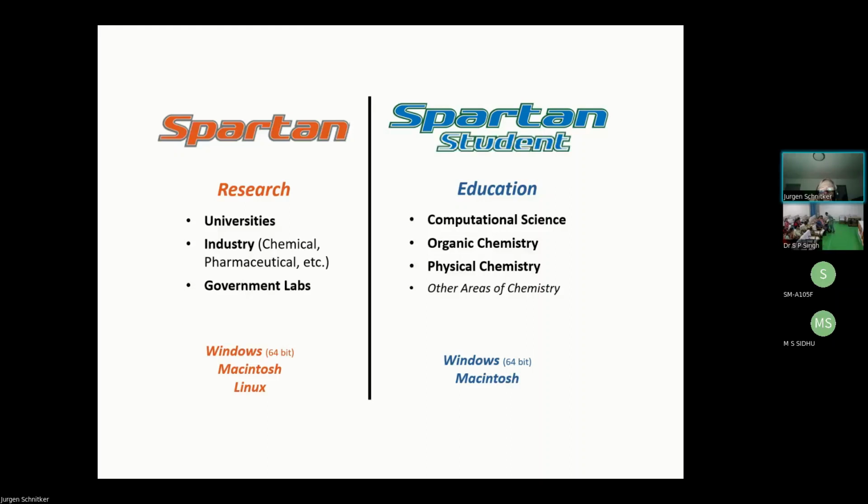It won't do 100 atom research molecules. So the program is very much cheaper, and it's pushed towards student use. It's an education focused program that is not available for Linux. So those are the two levels of Spartan.